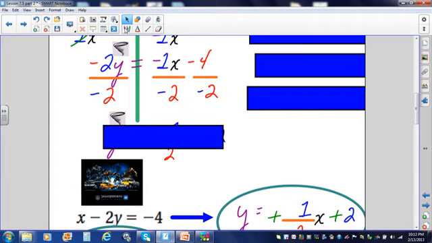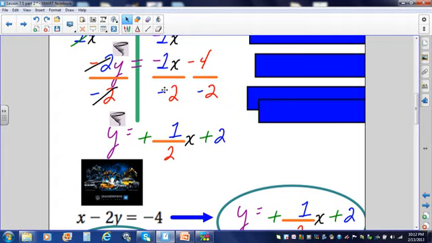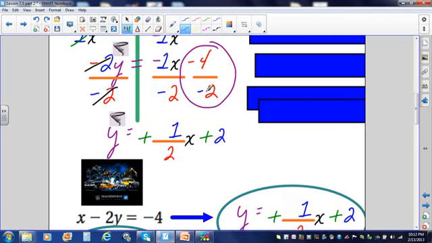A negative divided by a negative is a positive, so I have positive 1 over 2, and my dog follows me everywhere we go. Meow! I mean my cat. I have a negative 4 divided by a negative 2. That's going to give me a positive 2.